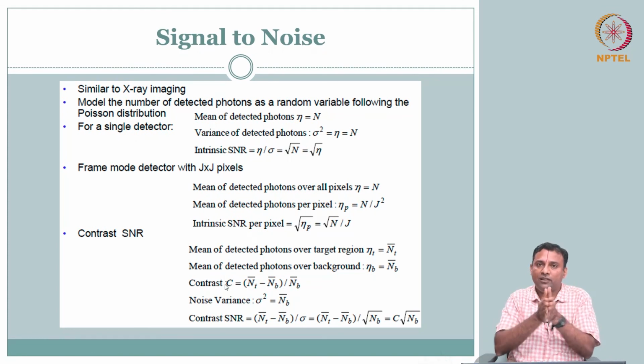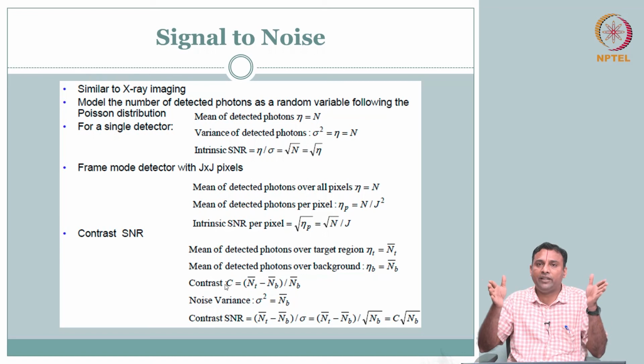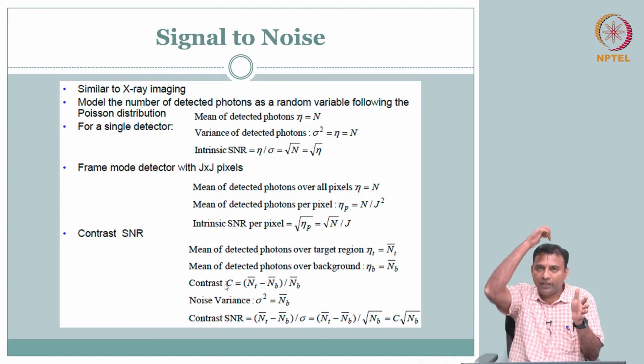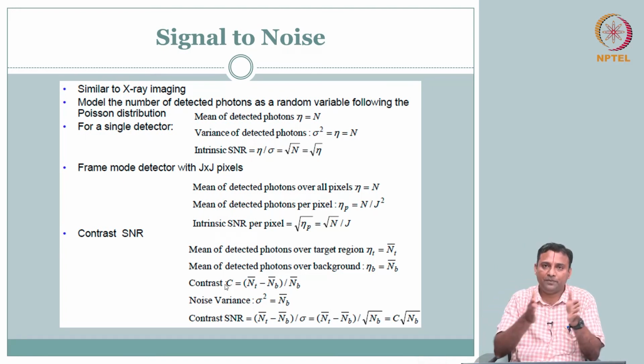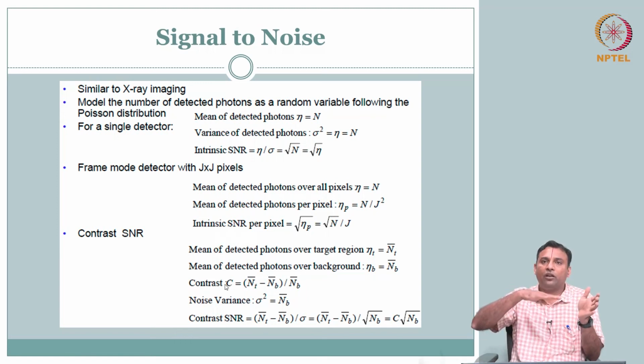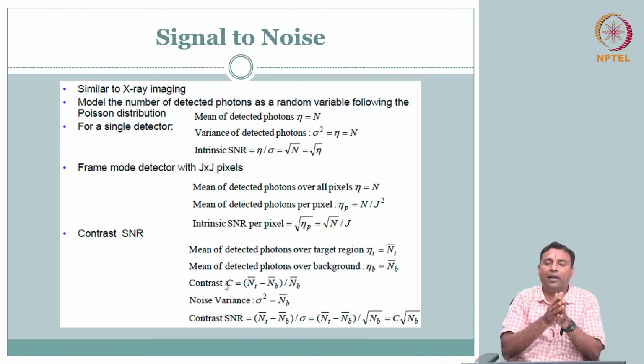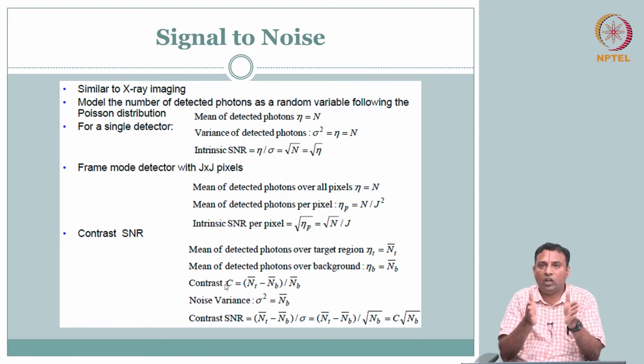We have collapsed the object, X, Y, Z, but in reality we would like to know where the radioactivity is along the depth. If we take a particular cross section, we would like to know where the radioactivity is along that Z. Right now in planar scintigraphy, that is lost.